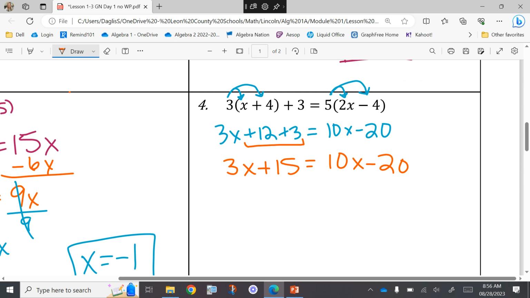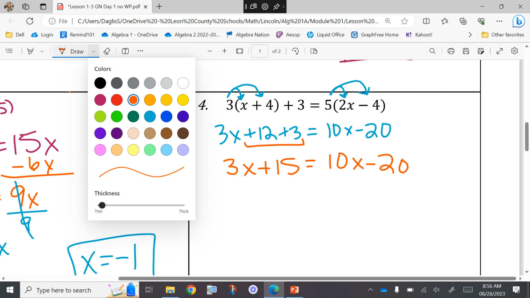All right, there's technically 4 correct steps that we could do next. Which one do you want to do? What do you want to move? You want to move the 3x, the 15, the 10x, or the negative 20? Which one do you want to move? The 3x? Okay, how do you want to move the 3x?